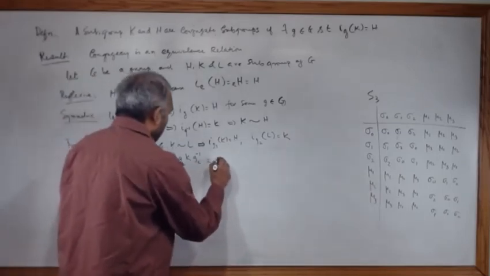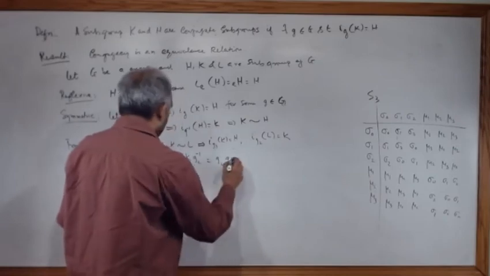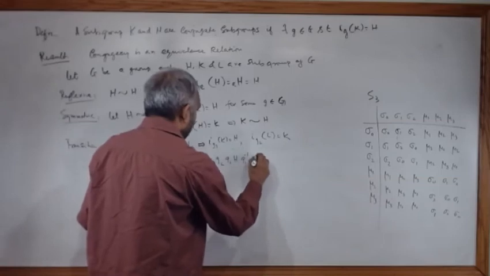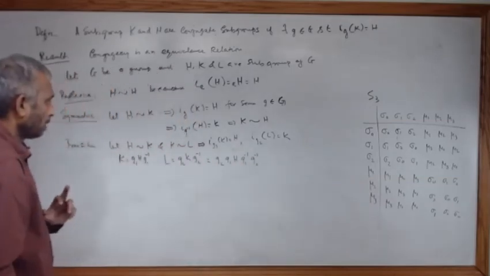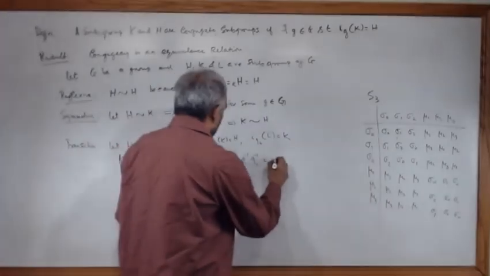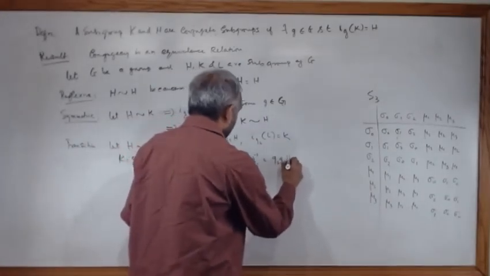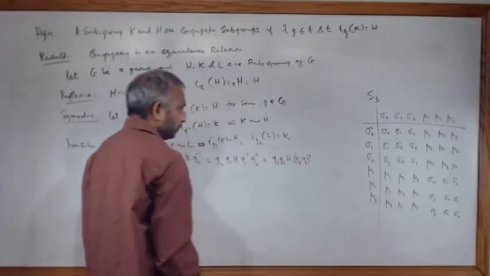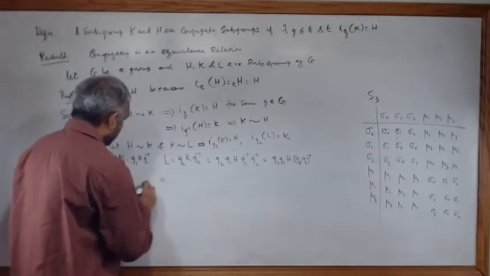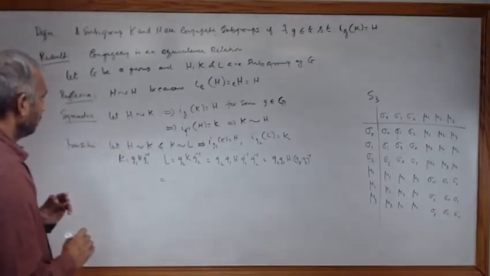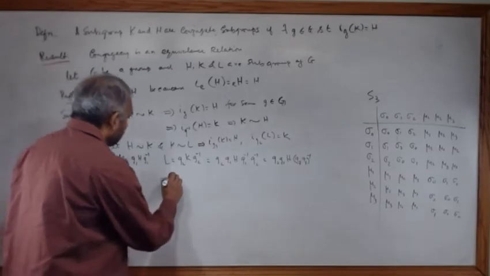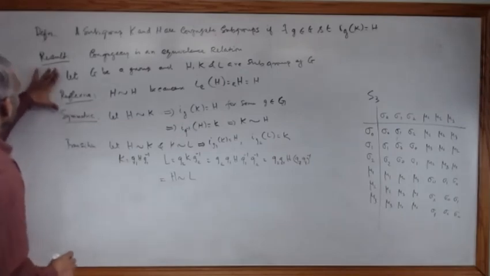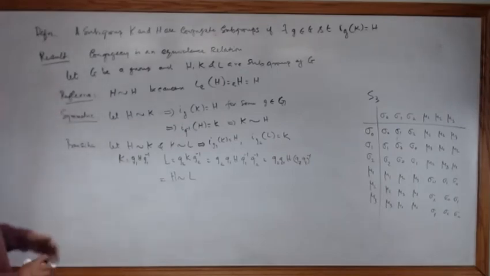That means g2 g1 H g1 inverse g2 inverse, and that is equal to g2g1 H (g2g1) inverse, and that implies H is related to L. So the conjugacy is an equivalence relation.